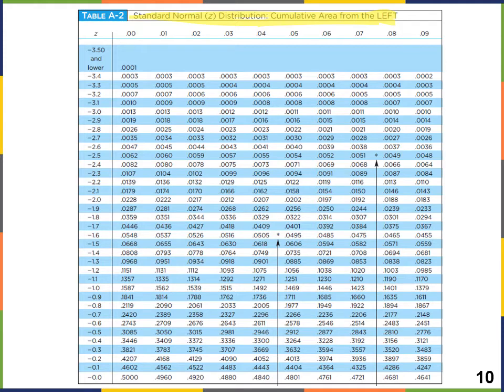Well, the z-scores are listed along the side and the top here. The first decimal place is listed along the side, in which case -2 as a 2 decimal place number would be -2.00. So the first decimal place is 0, so -2.0. So I'll go down to -2.0, which is here. Then the second decimal place is also 0.